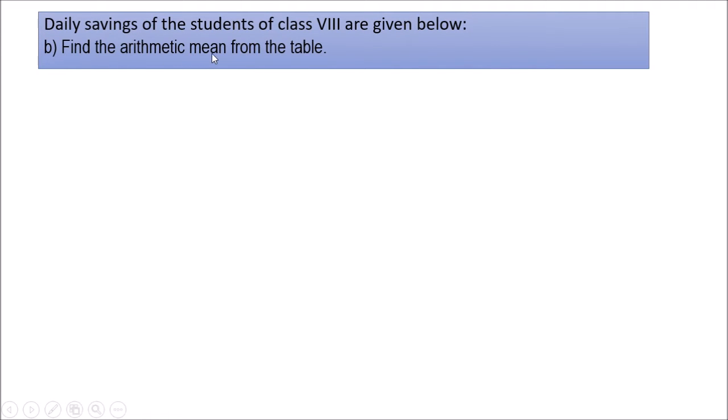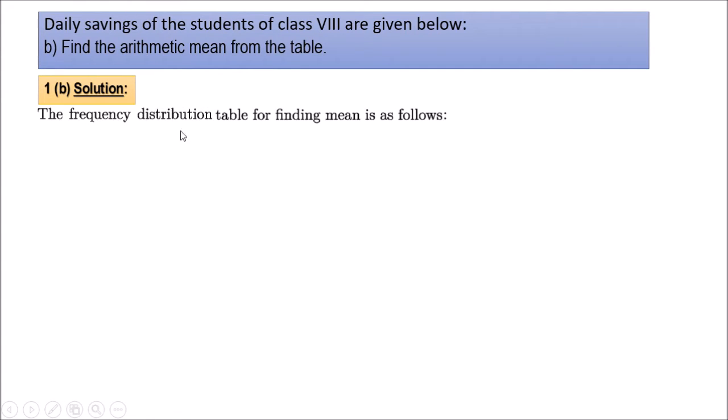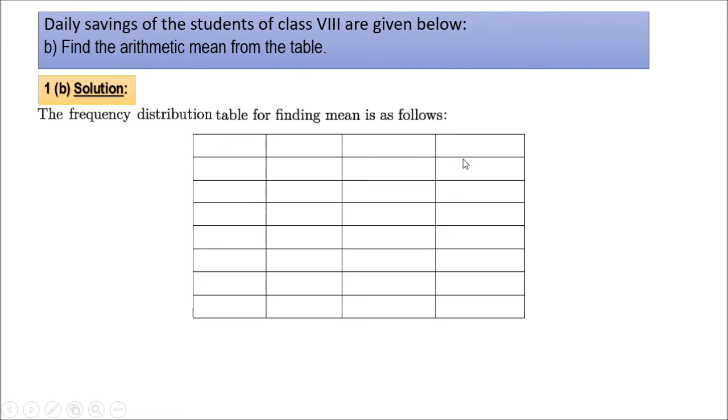Find the arithmetic mean from the table. Okay, so from the table, if you want to find the arithmetic mean, then you have to draw the frequency distribution table. So here is the frequency distribution table we are going to draw. At first you have to draw these boxes, and keep in mind that we have to use a pencil and a scale to draw it.